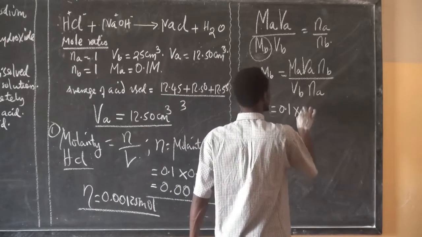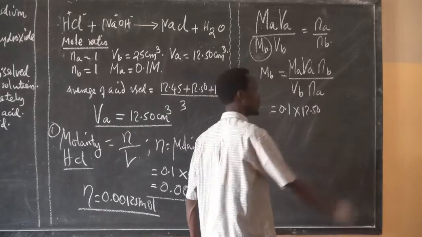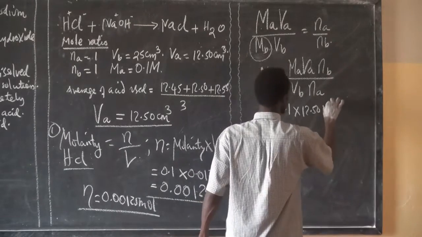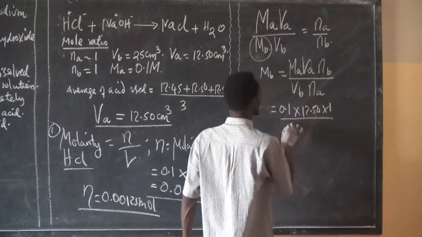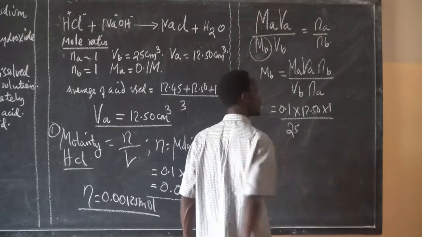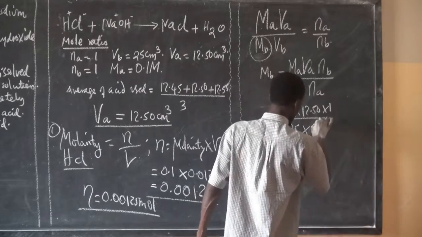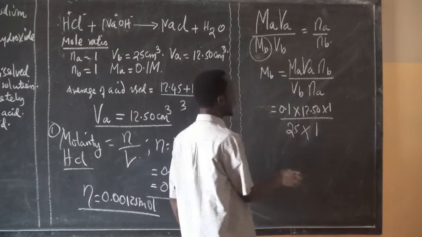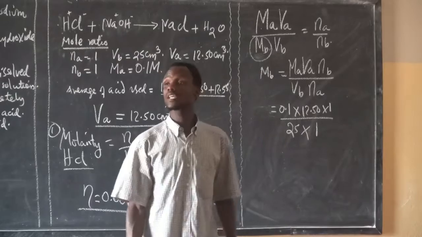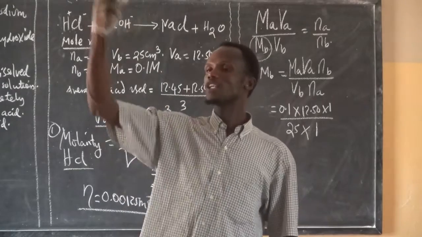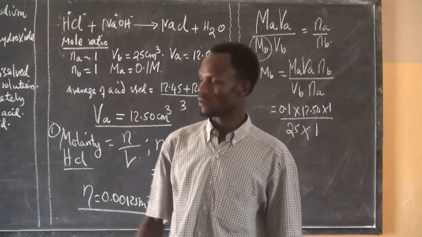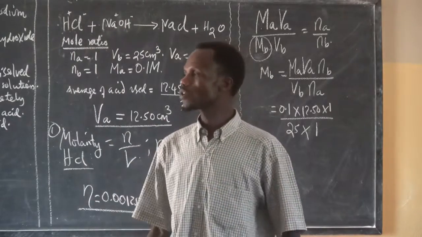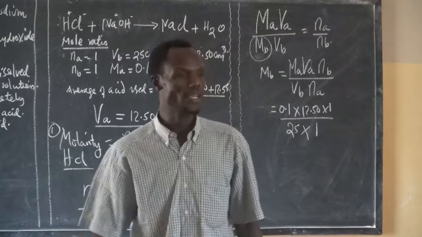Volume of acid, 12.50, times the number of moles of base, 1, over volume of base, which is 25, times 1. Now why do we not change those centimeter cubes? Because it is the ratio of all of them. If you keep on changing them, they will cancel, and you keep on wasting your time. So save time and do it like this.